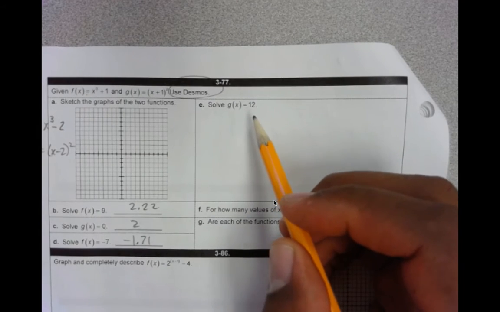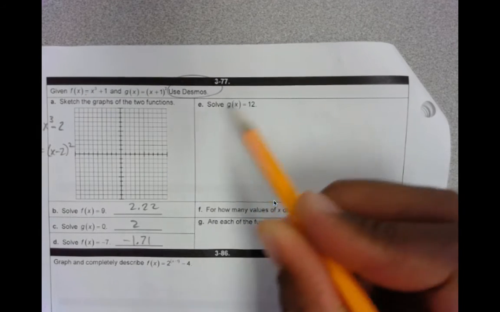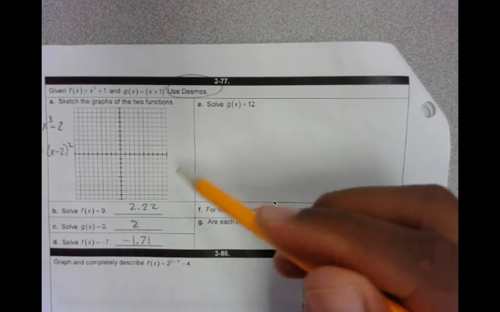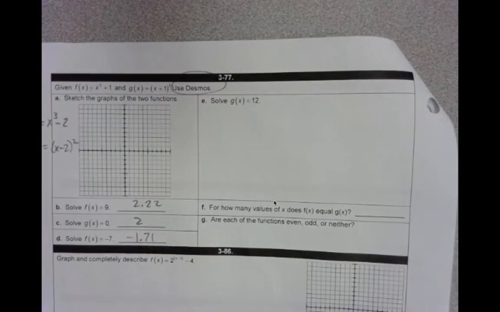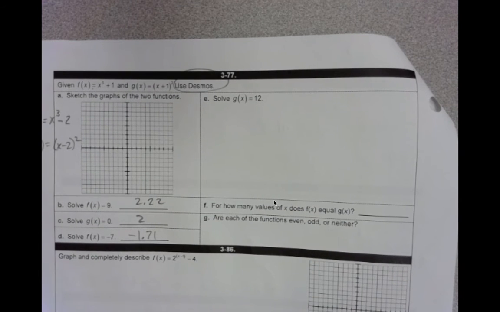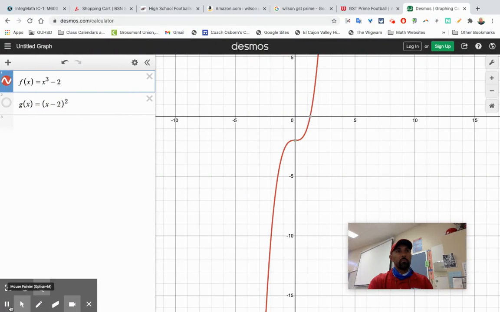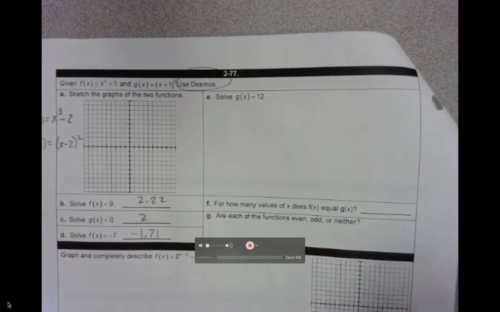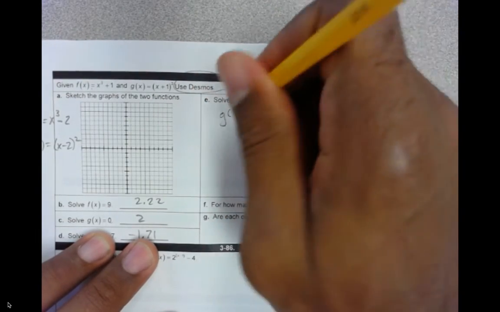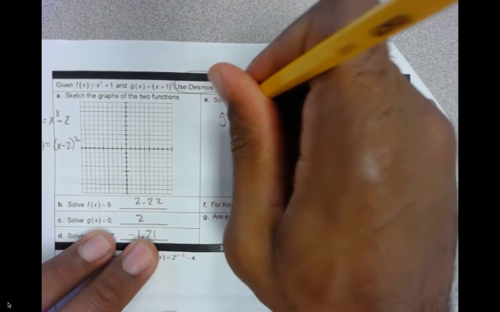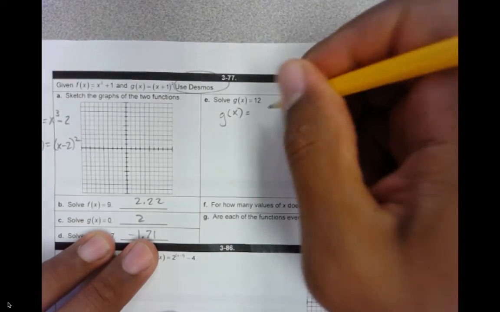Now, on this one, we're actually doing it algebraically. The other ones, you guys are just using the graph, but on this one, we're going to do it algebraically, okay? So what I'm going to do is let's go g of x equals, what's the number I'm going to mess with?